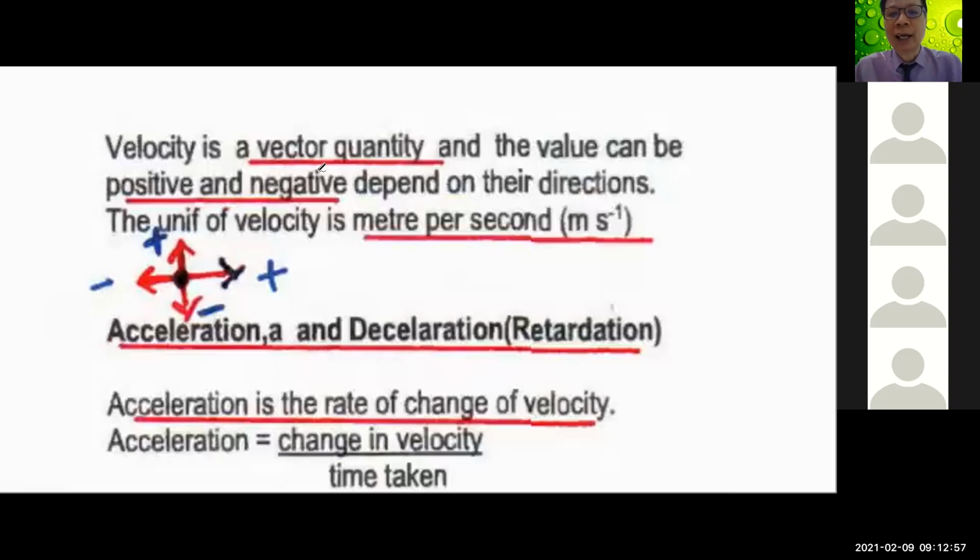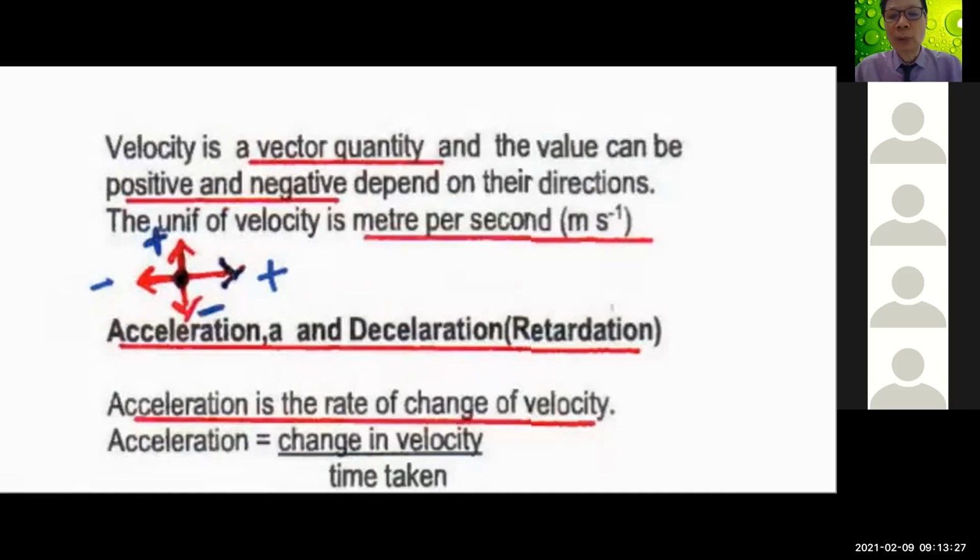The value can be positive or negative, depending on the direction. The unit is the same, meter per second. Now look at the arrow I draw here. Go to right, positive; go to left, negative; go up, positive; go down, negative. It has direction, so it has positive and negative. Okay, so we are clear with distance and displacement.